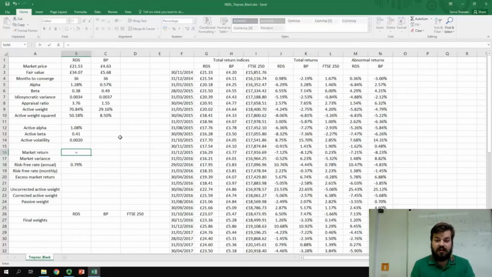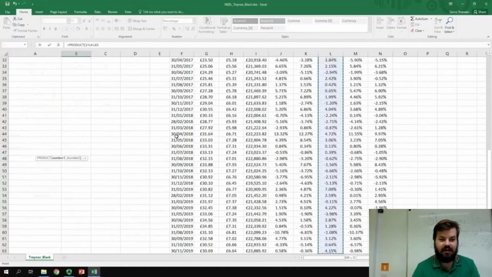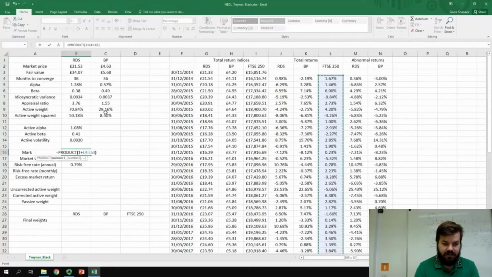So to do that, we need to calculate our market return, and as we have our return data for 60 months, we can just calculate the geometric mean of monthly returns. To do that, we need to apply the product formula to 1 plus all of the 60 monthly returns of the benchmark.